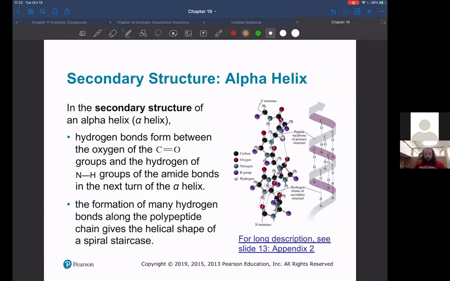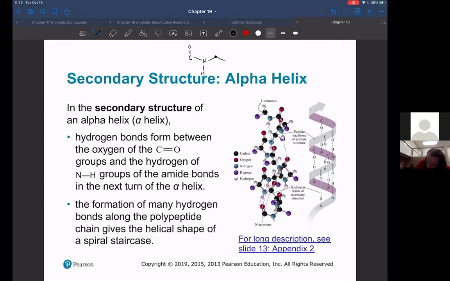So an alpha helix is something that's very common. The identity of the amino acids that make up the alpha helix aren't really all that relevant. So any combination of amino acids can make up an alpha helix, with the exception of proline, because remember, that's got that weird kink going on. And why is that? Because it has everything to do with that amino acid backbone, right? So all amino acids have this commonly repeating feature.